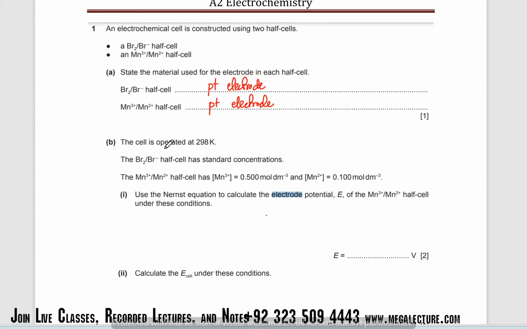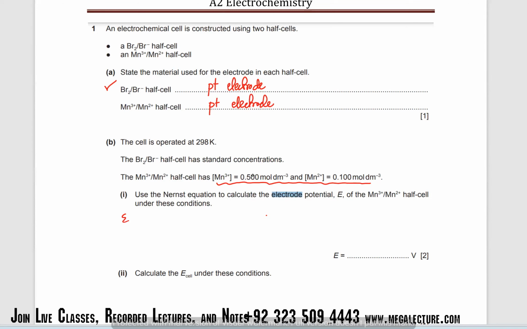Now the question is, the cell is operated at 298 kelvins. One of the electrodes has standard concentrations. The Mn3 plus, Mn2 plus half cell does not have standard concentration. What is standard concentration? 1 mole per dm cubed. So now you got your Nernst equation, to calculate the electrode potential of this electrode, the other one, which is non-standard.